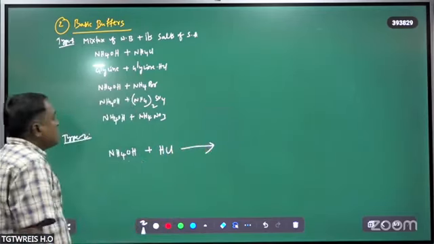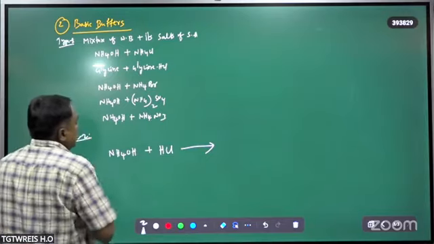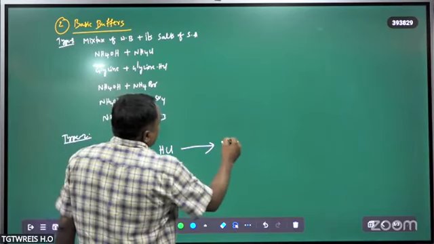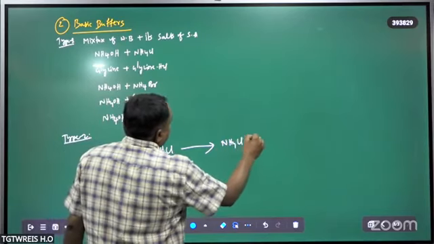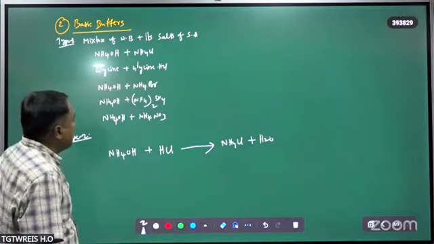By adding HCl to this ammonium hydroxide, you will get ammonium chloride plus water.